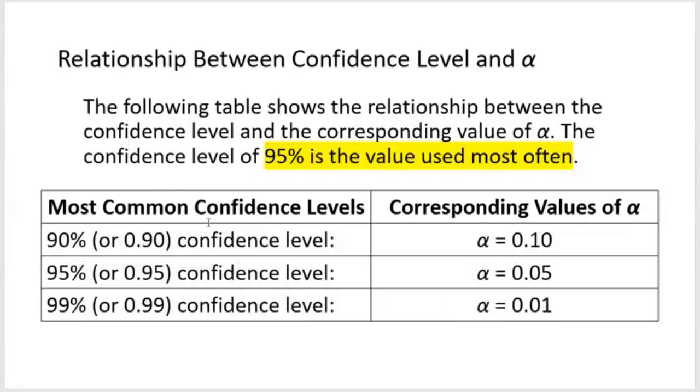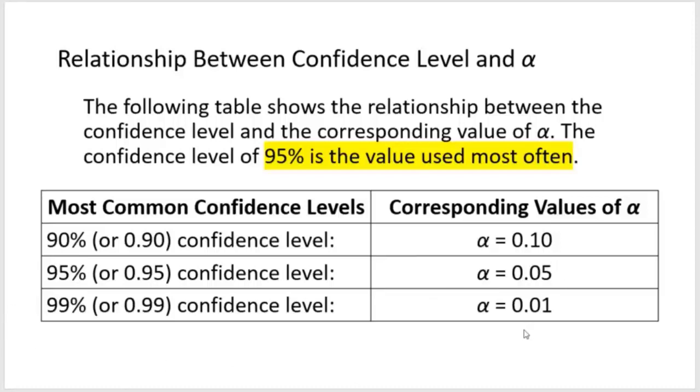These are the most common confidence levels we use, and they have a corresponding value of alpha, which right now I'm sure you don't see the importance of, but we'll sometimes need this number. So a 90% confidence level means the remainder of my probability is 10%, and that is my alpha, 0.10. 95% confident, the remainder of probability is 5%, so alpha is 0.05.